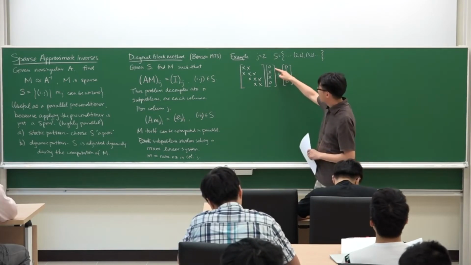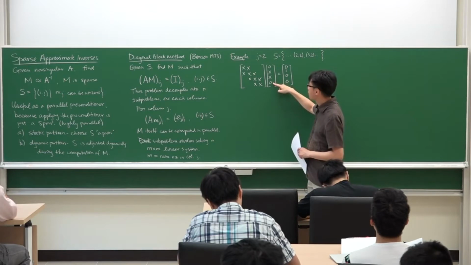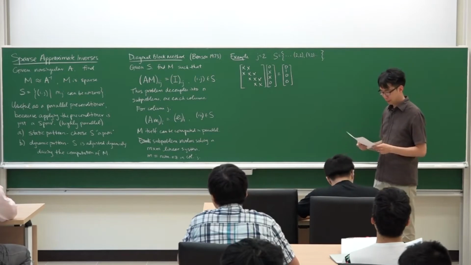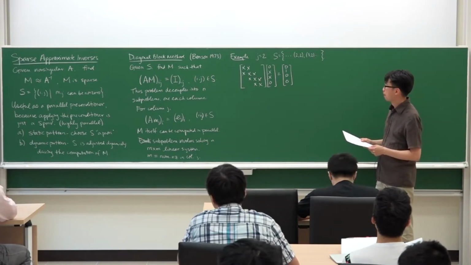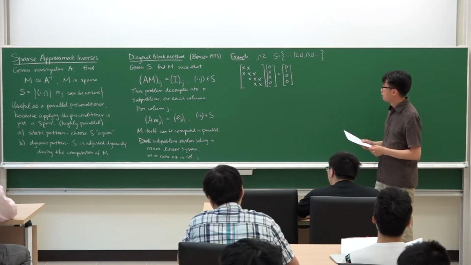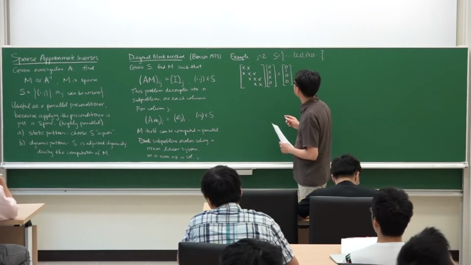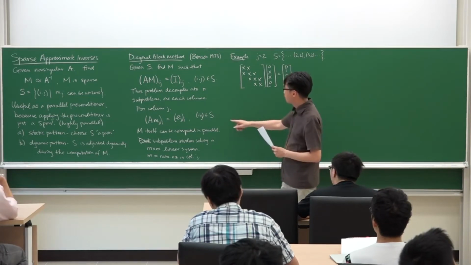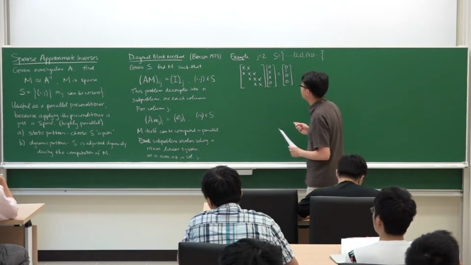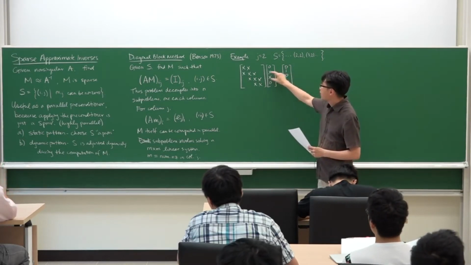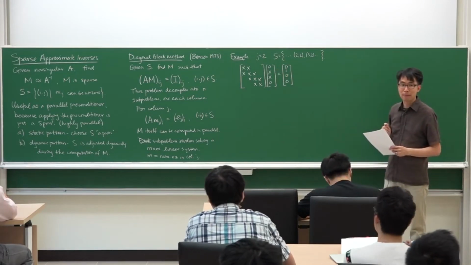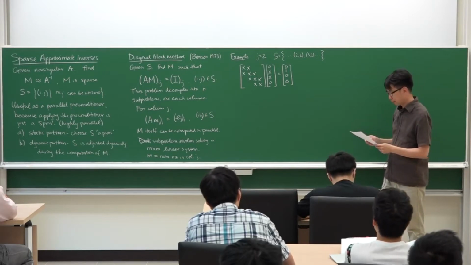You'll notice that because of the zeros over here, the first column and the fourth column don't matter. And because we want to have equations for (i,j) in the sparsity pattern, we only need the second and the third equations. The first and the last equations don't matter. Okay?